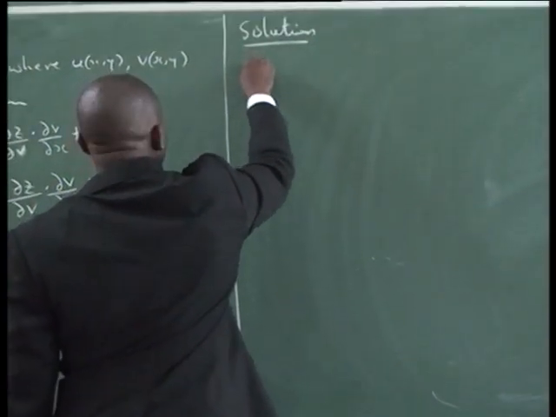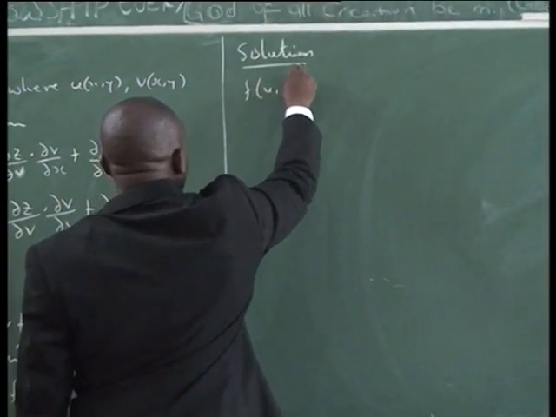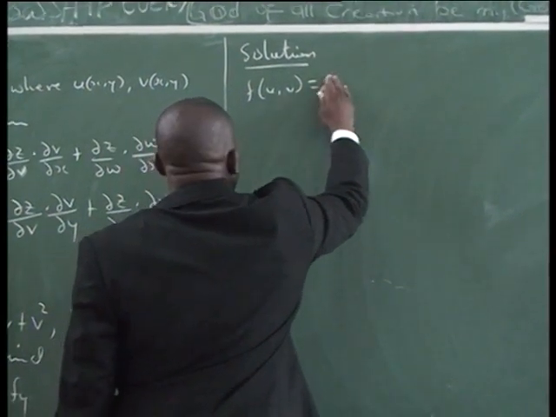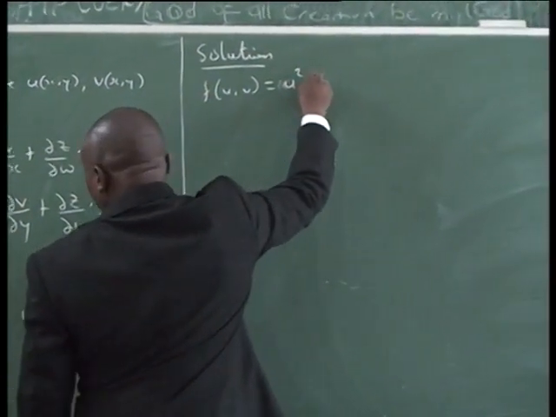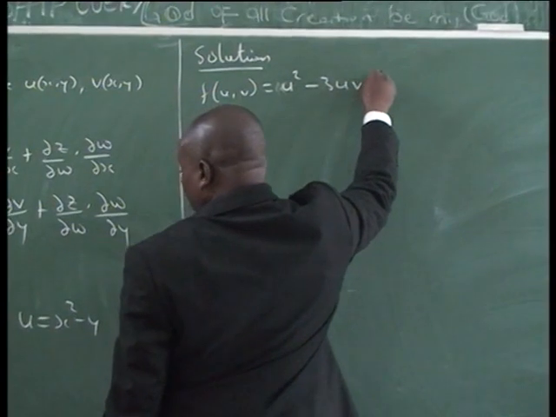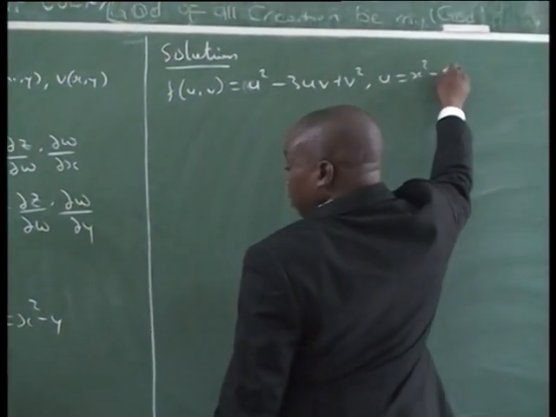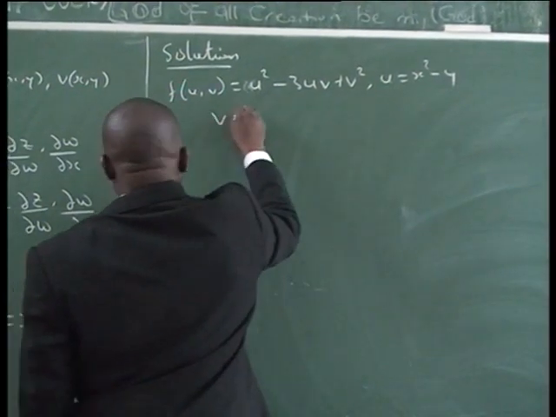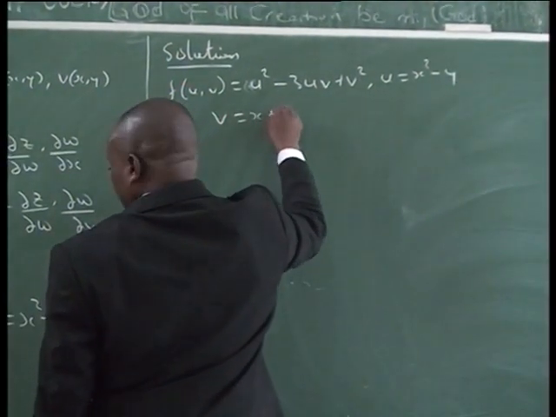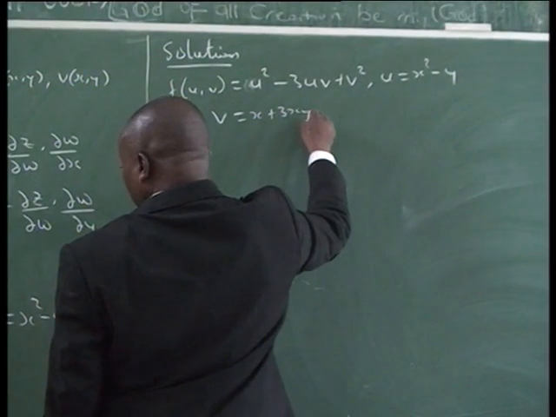Alright, we'll take the solution. f of u, v is equal to u squared minus 3uv plus v squared. u is x squared minus y, while v is equal to x plus 3xy.